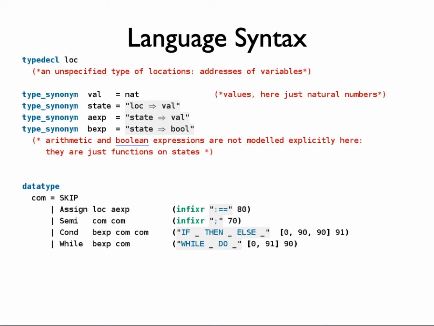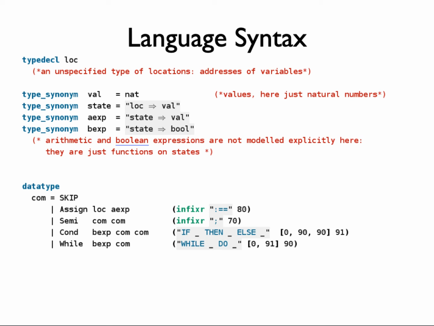And in fact, there are some rather neat ways that you can represent a value space without either having dependent types or just pretending everything is an integer. But for now, natural numbers will do us fine. You see we have programming language states which map locations to values.